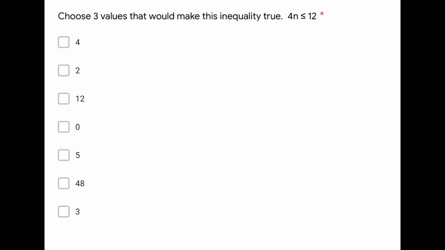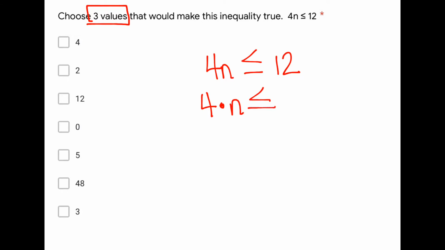Choose 3 values that would make this inequality true. We're looking for 3, so you have to have 3 checks. We have 4n is less than or equal to 12. This is the same as saying 4 times n is less than or equal to 12.